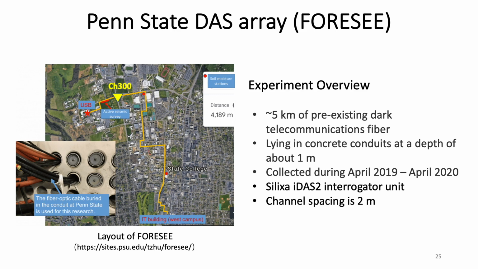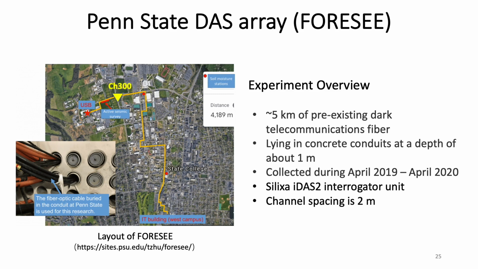The Penn State DAS array uses 5 km of pre-existing dark telecommunication fiber, which is lying in a concrete conduit at a depth of about 1 meter. The data were recorded by a Silixa iDAS2 interrogator unit with 2 meters channel spacing. There is a small airfield 5 kilometers north of the site.